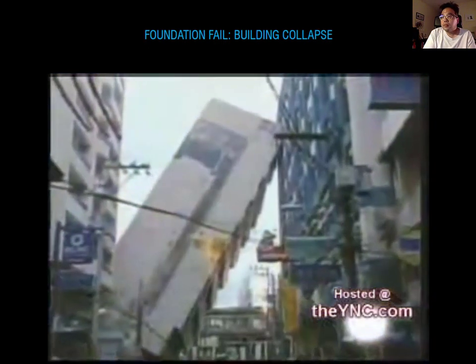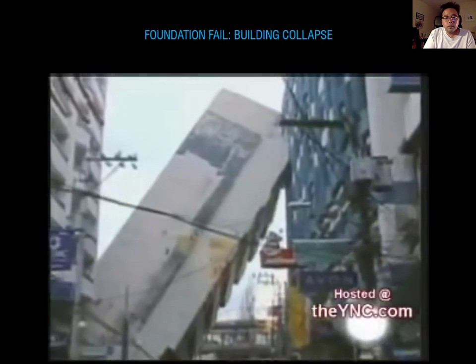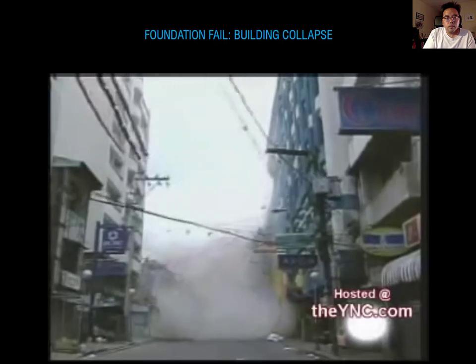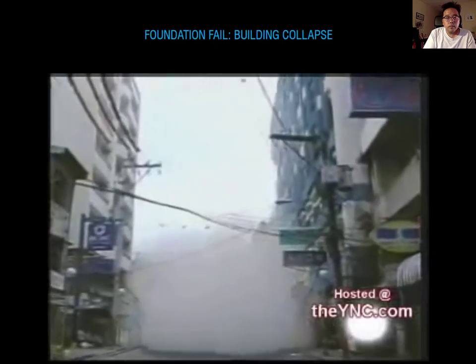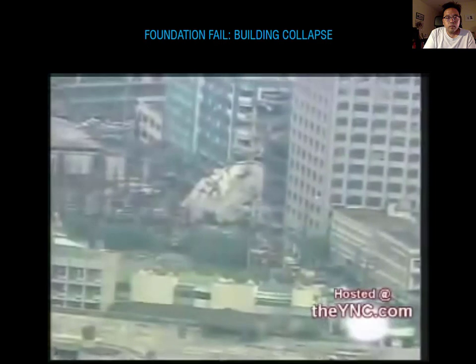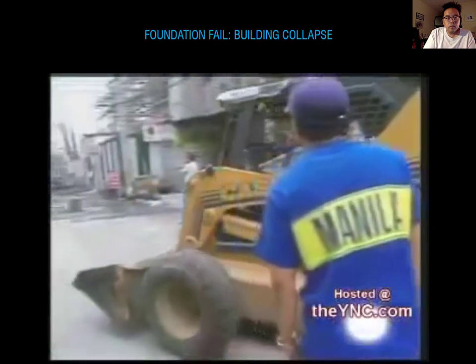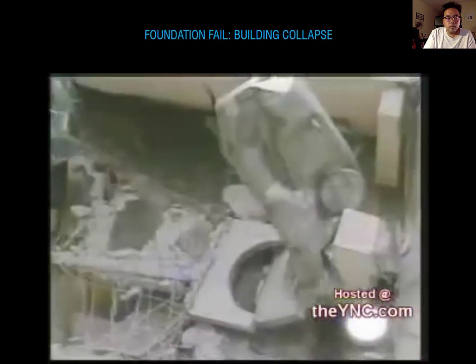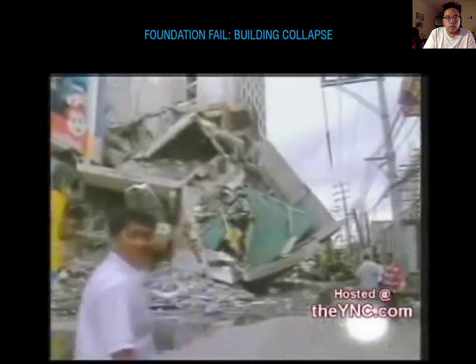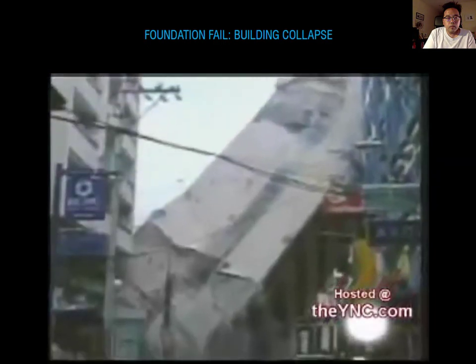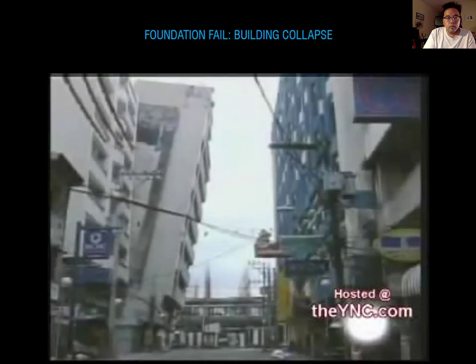The building rips through power lines, threatening to ignite the entire neighborhood. The tower finally comes down in a massive pile of pulverized concrete and steel. Hundreds are now homeless. Their possessions gone forever. Yet amazingly, no one is killed or even injured. Shoddy construction is blamed for the disaster. Criminal charges are filed against the building's owner. He's lucky they don't include murder.